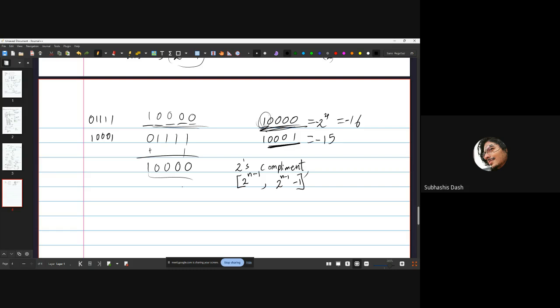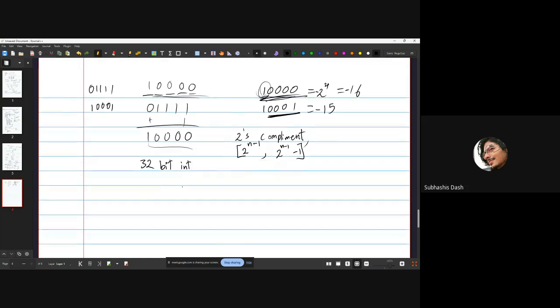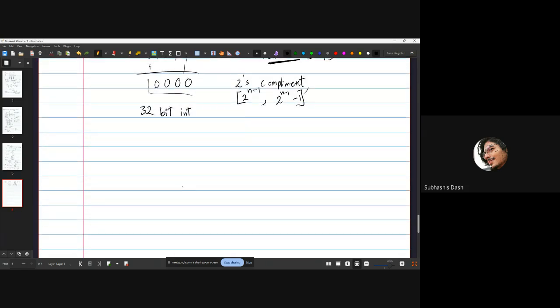Is that clear? So if we are talking about a 32-bit integer, the number that we get is minus 2 to the power 31 to 2 to the power 31 minus 1. Is that clear?